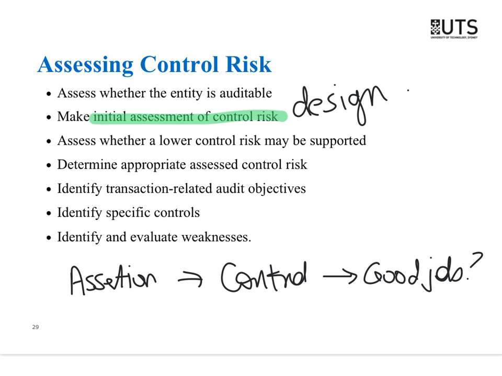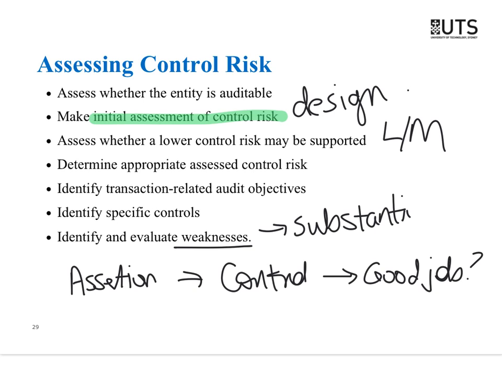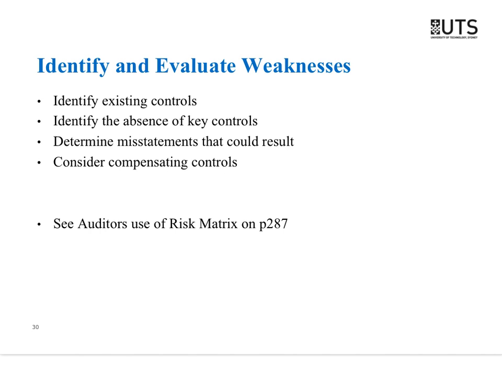Okay, so if control risk is low or medium, then we're going to look at testing those controls, and if there are weaknesses, we're going to engage in some substantive testing. All right, because that's a gap where I know a misstatement could be, so I'm going to search for it.